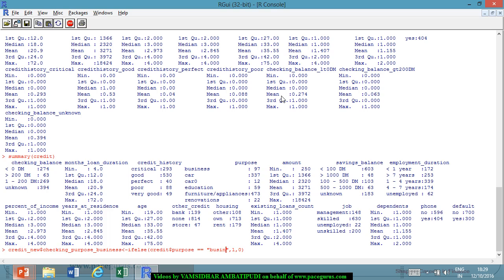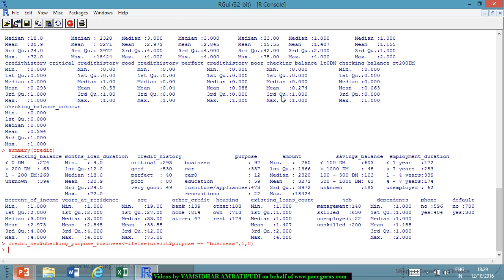So this is one more variable that I have created. Then again I'll set it as car. Probably there is car and car0. Let me use both of them as car only, for simplicity. I don't know why this car0 is coming up.